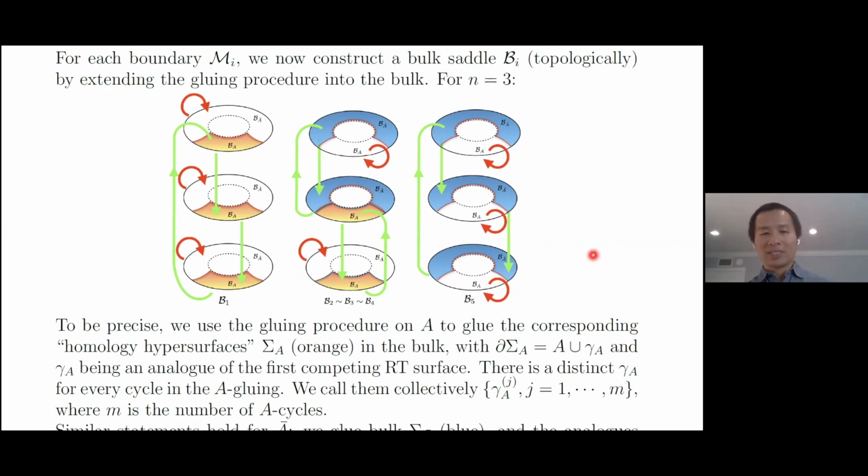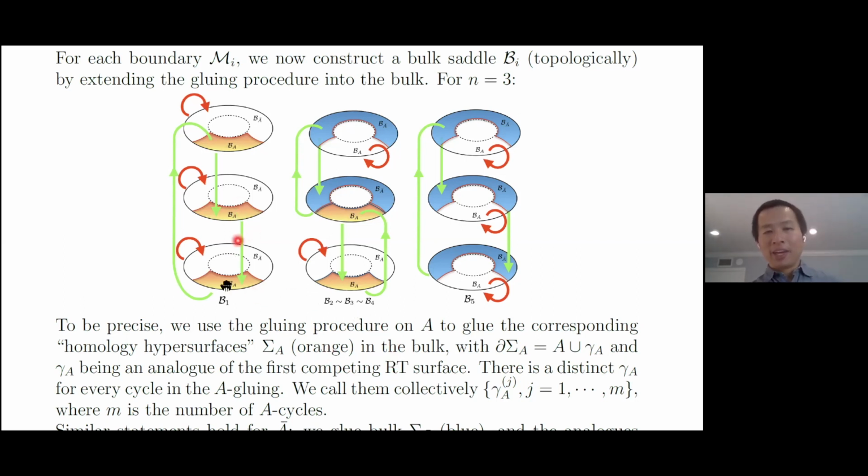what we do is that we use the gluing procedure on A, on the boundary, to glue the corresponding homology hypersurfaces, which we can call sigma A, which are orange in these pictures in the bulk, where the homology hypersurface, as usual, has a boundary which is A union gamma A. And gamma A is some kind of analog of the first competing RT surface.